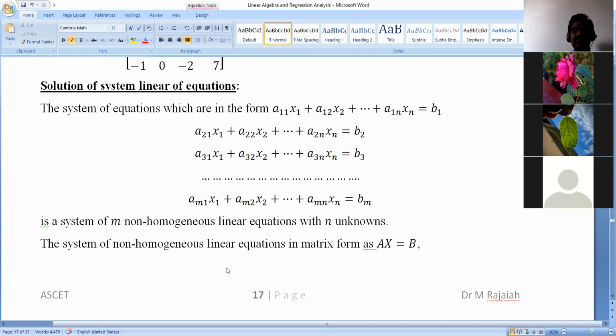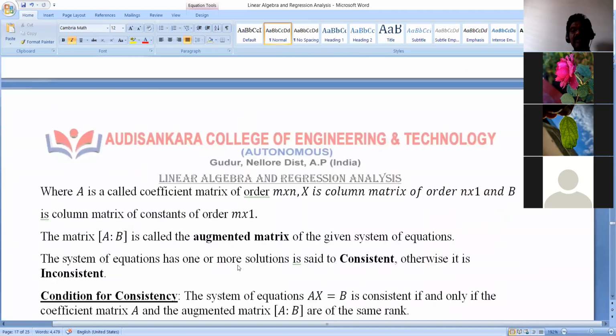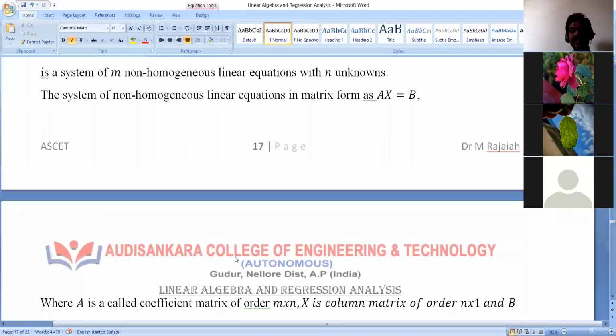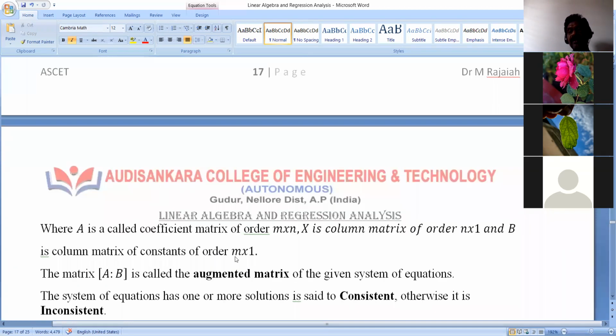The system of non-homogeneous linear equations can be written in matrix form as AX equal to B, where A is called the coefficient matrix, X is a column matrix of order n by 1, and B is a column matrix of constants of order m by 1.